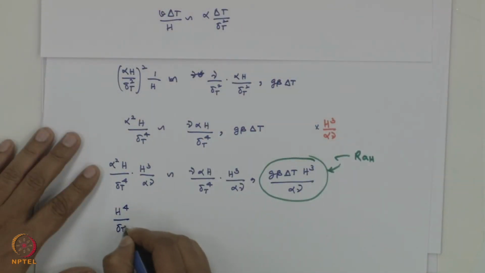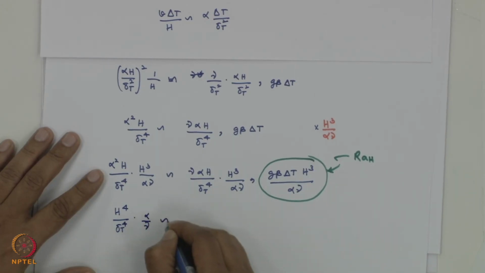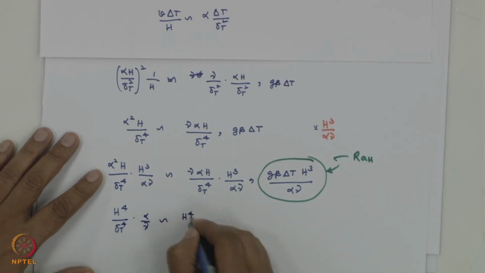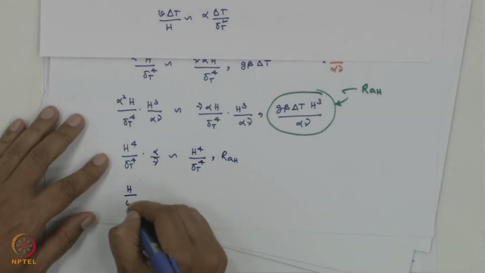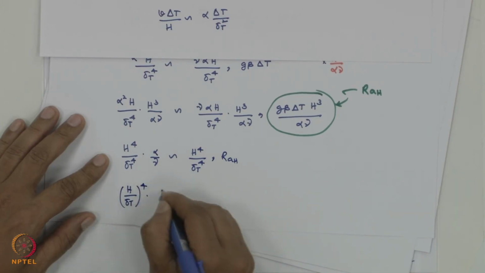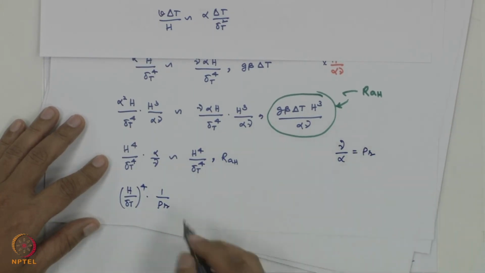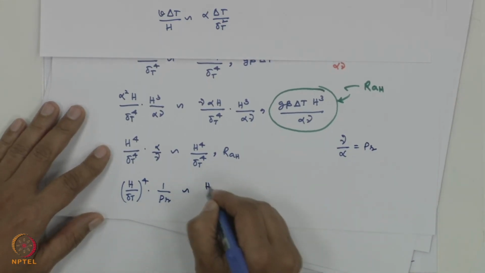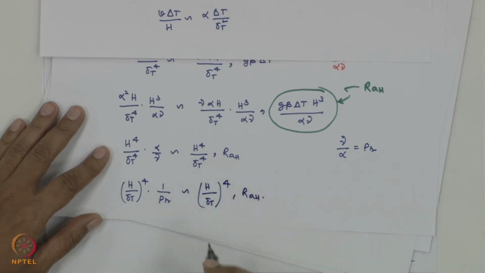So what do I get on the right hand side? I get h to the power of 4 upon delta t to the power of 4 into alpha by nu is of the order of h to the power of 4 upon delta t to the power of 4, comma Rayleigh number. This is 1 by Prandtl number because nu by alpha is my Prandtl number. So this is of the order of h by delta t to the power of 4, comma Rayleigh number.